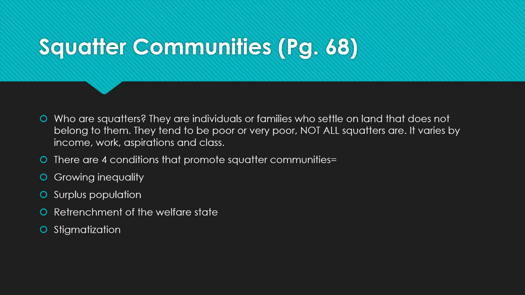Brazil eliminated a large number of unskilled jobs and increased positions for university-trained professionals, which made it one of the most economically unequal countries in the world. So this caused people to become squatters, where they had to settle on land that did not belong to them due to their issues with professional work.